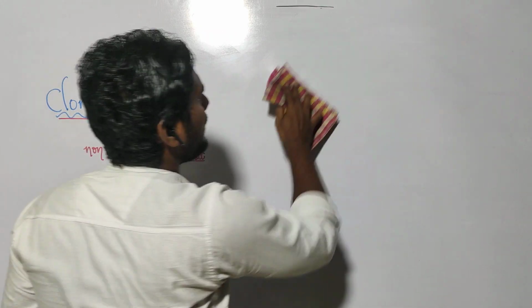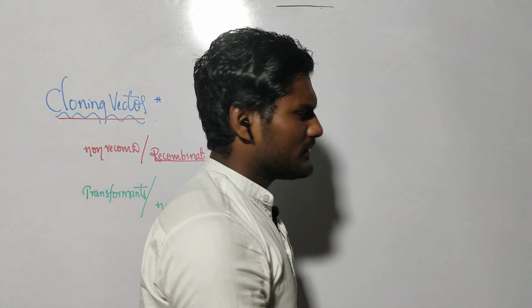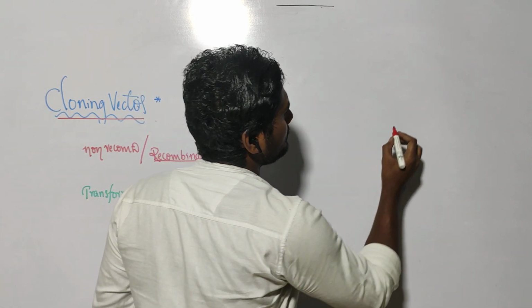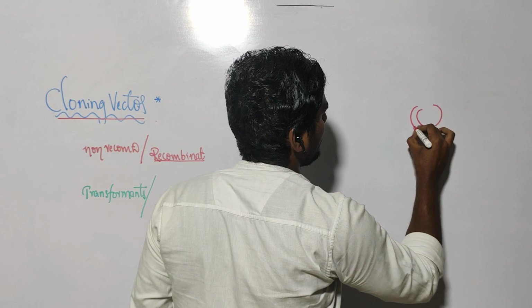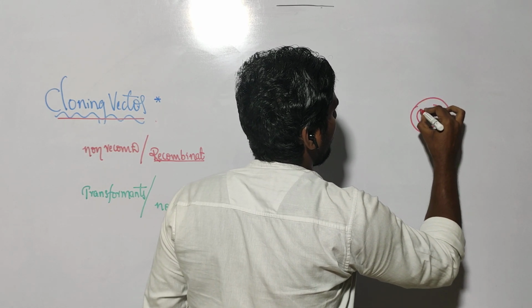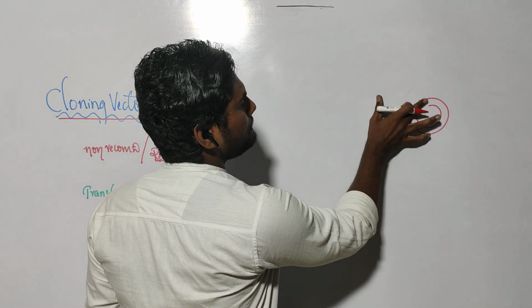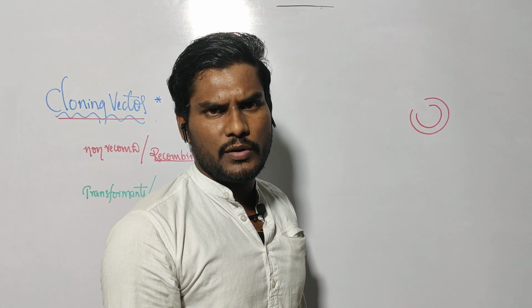Yes, we are preparing the recombinant DNA. Just listen. I will prepare the recombinant DNA. This is the vector, a double-stranded circular DNA molecule. I cut this vector with an enzyme, not with a scissor, but with the restriction endonuclease enzyme.